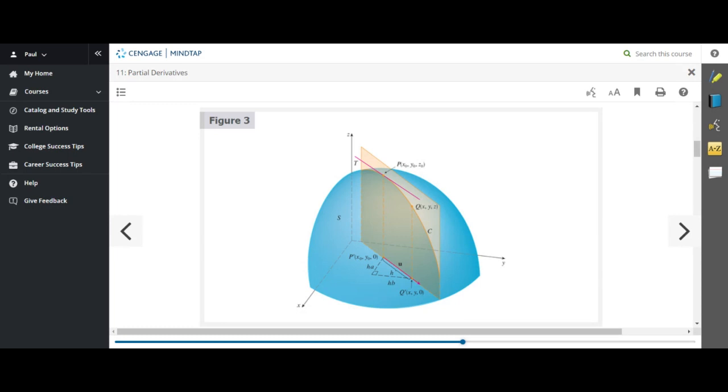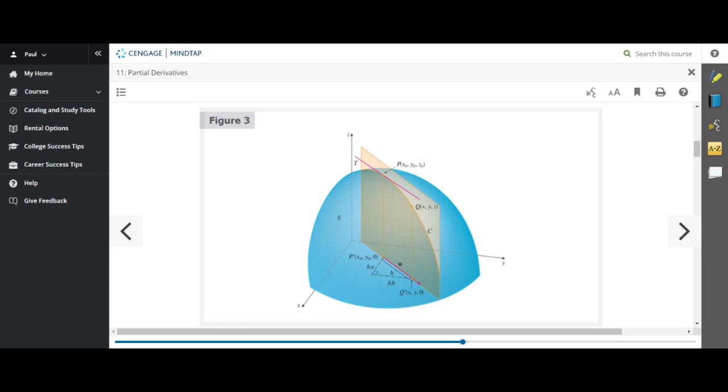And if we consider a point P on the surface that has coordinates x sub 0, y sub 0, z sub 0, and that pink tangent line points in the direction of the vector u in the plane below.